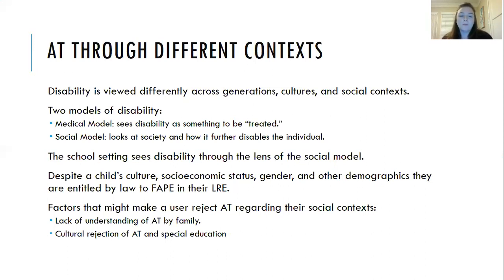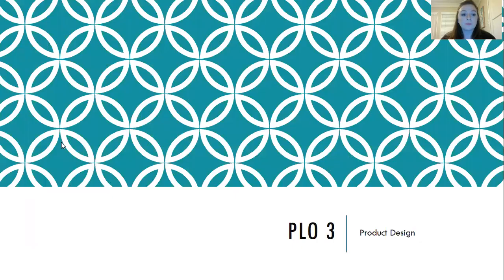And so a lot of times these students might end up in situations where their parents actually just refuse services because it's not seen as culturally appropriate. So as an AT specialist, you have to understand how AT shapes an individual's culture and defined identity and the meaning that AT holds in that person and their family's culture.